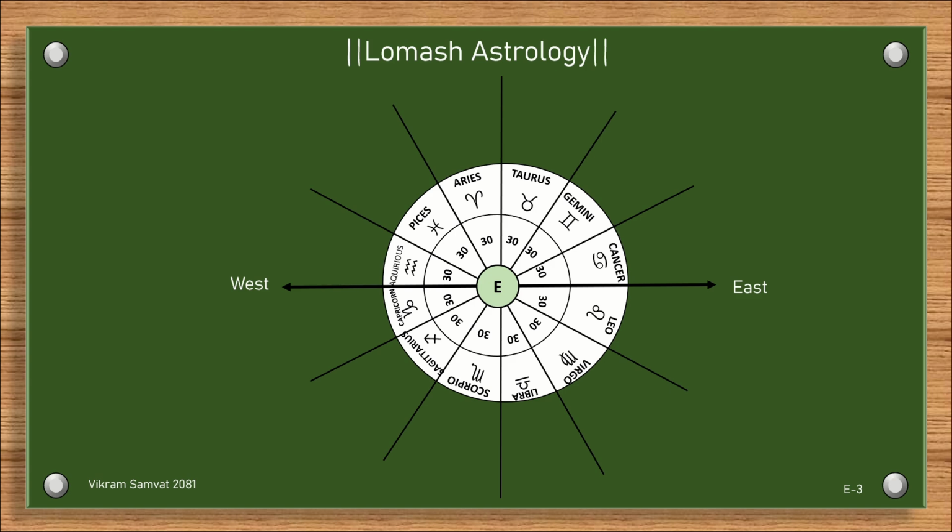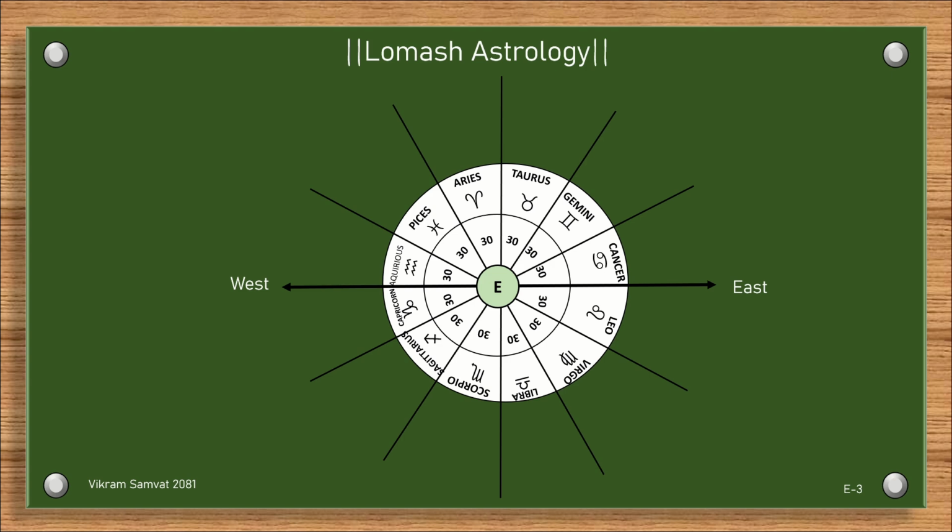Now each person who is born on the earth, if you take the geocentric view and look at the eastern horizon at the time of birth of that person, whichever zodiac sign is rising from the eastern horizon will become his or her lagna, and that will be placed in the first house of the North Indian style of birth horoscope or birth chart.